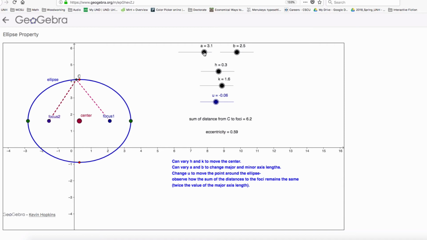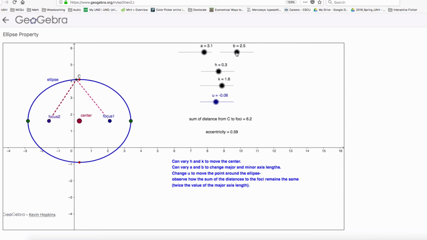Now A, remember, A is half the length of our major axis, so it's the distance from the center to here in this particular case. But if I make A less than B, it will become the minor axis. So watch this: when A gets closer to the value of B, these slide in.